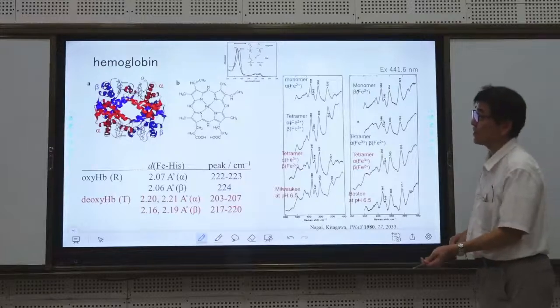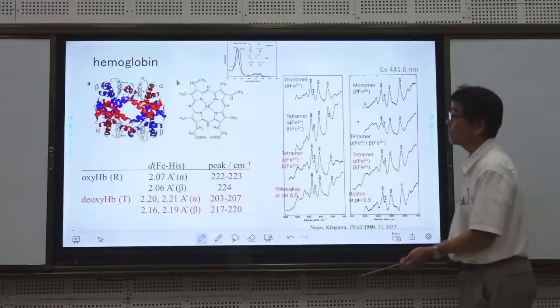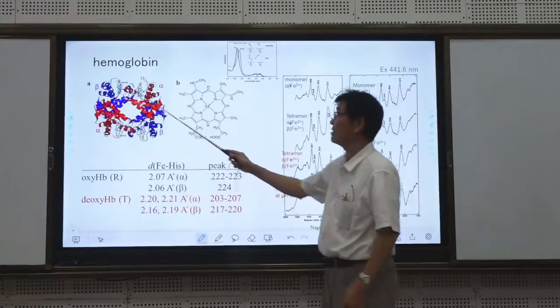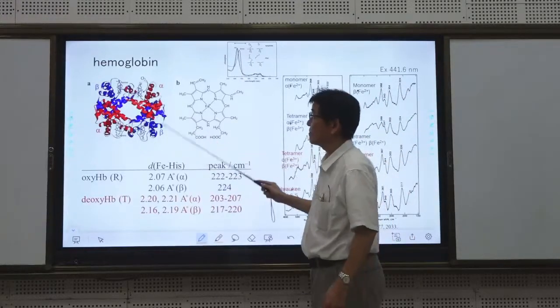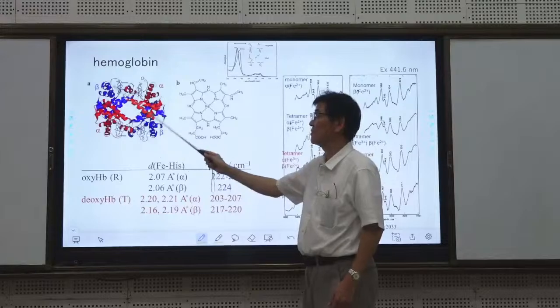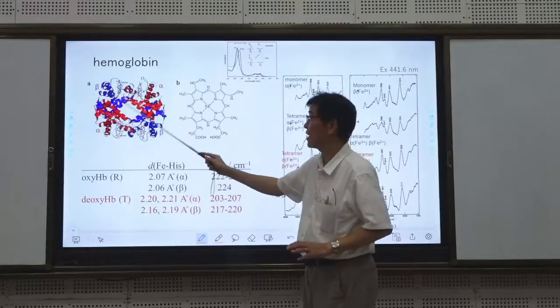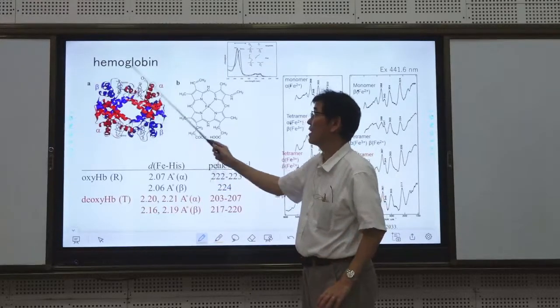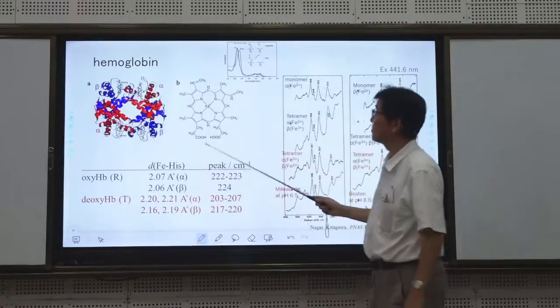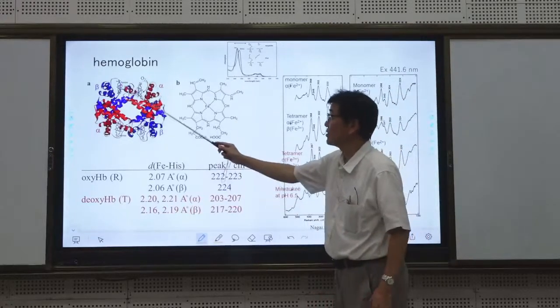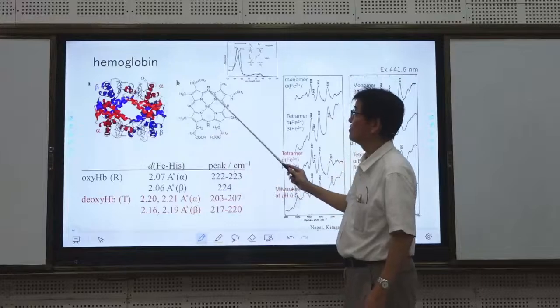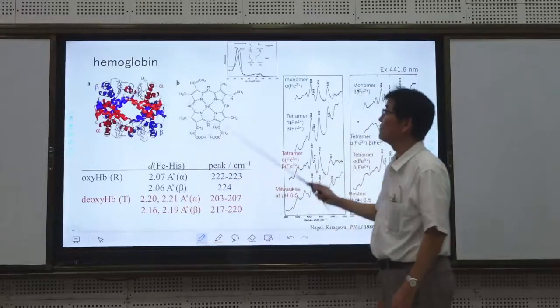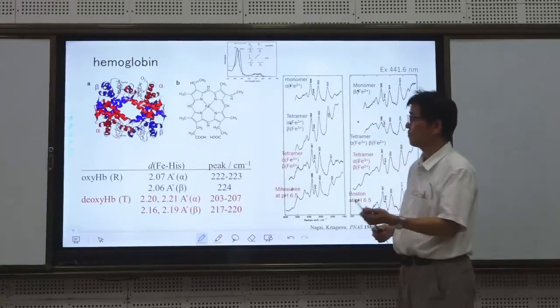So I introduce one example about hemoglobin. So the hemoglobin structure is here, and it consists of 4 subunits, so-called alpha 1, beta 1, alpha 2, beta 2. And each subunit contains heme. So there are 4 heme rings.